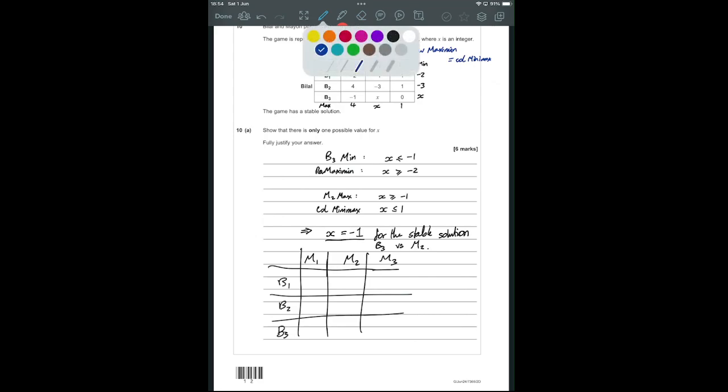So that one is not stable because of B2. Bilal would swap to B2 if we had the choice. The B1 M1 is not stable because we'd prefer to swap to M1 if able. M1 is better for Mayon than M2 is.